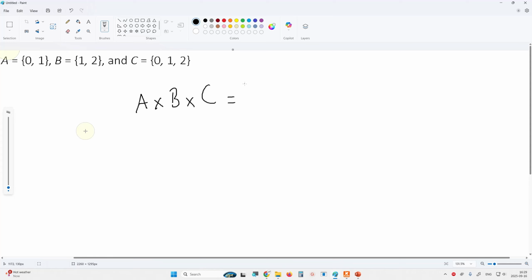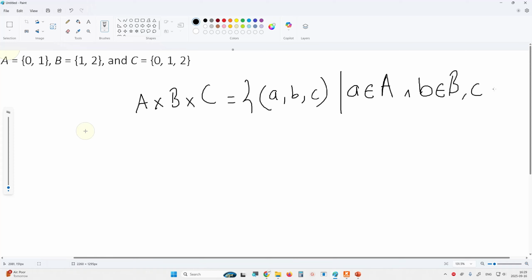Remember, we said that this is going to be the set of ordered tuples of 3 elements, the groups of 3 elements, where A is an element of A, B is an element of B, and C is an element of C. So in that regard, what is going to be the result of that?